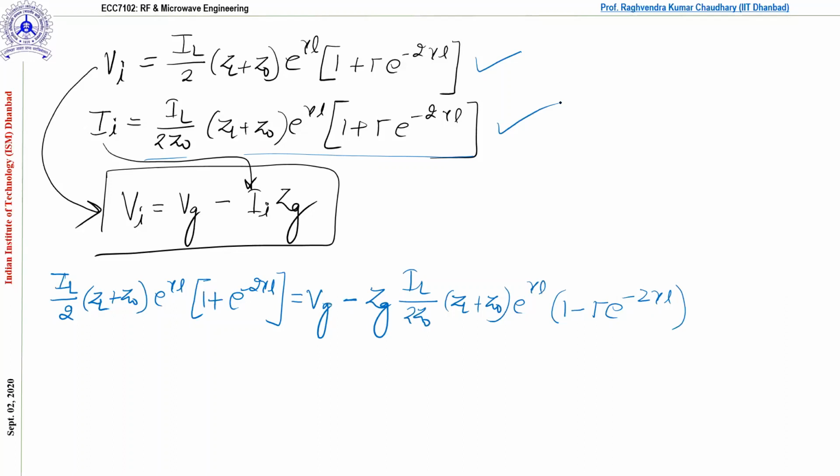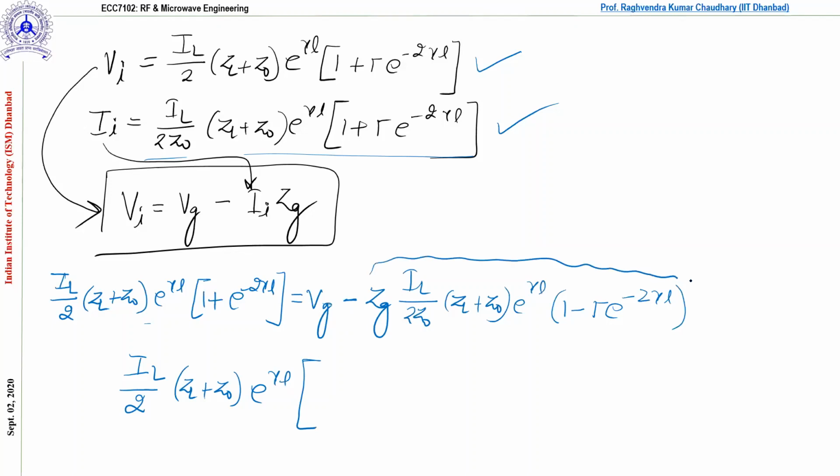Fine. Now what we need to do? We need to arrange it, and finally, if you rearrange this, you can write IL by 2 (ZL plus Z naught) e to the power gamma L, this term. Then in bracket, you can take this term to the left hand side.